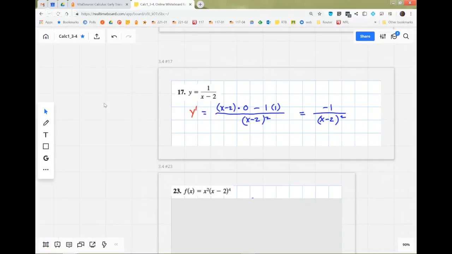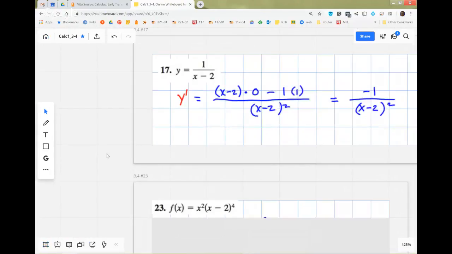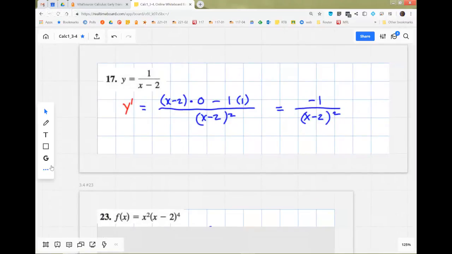So this is just what, a quotient rule? Does everybody see that? Why do we have that times 0 on the top? Denominator times derivative of the numerator. Well, the derivative of 1 is 0. Okay, not much to that one.